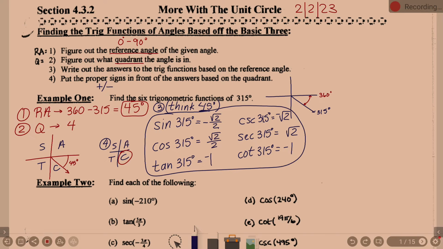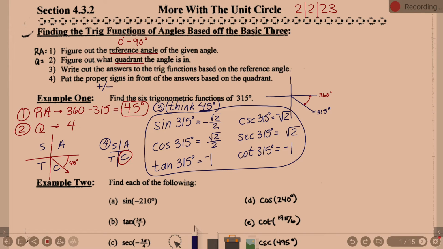Anything that is 45 degrees from the x-axis, so 315, 45 up here, what is it over here? 135 in quadrant 2, and 225 over here. They're always going to have the same values. You just have to give the appropriate signs, positive or negative. So anytime you're 45 degrees off the x-axis, these are your numerical answers. Get the right signs on.